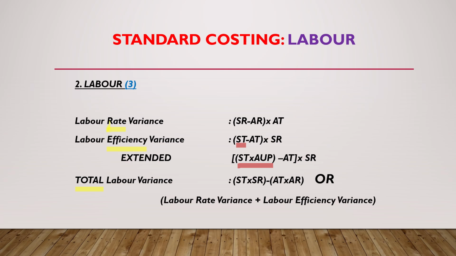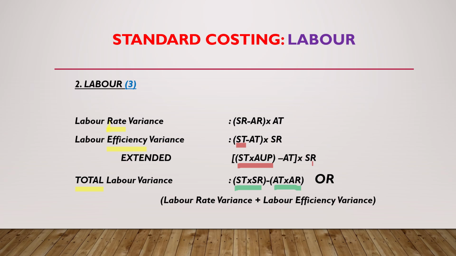And then also with total labor variance, just like in material, you compare all the standard with the actuals. That means the standard time with its rate, you compare it with the actual time with its rate. Or you can use another format of total labor variance instead of this one.